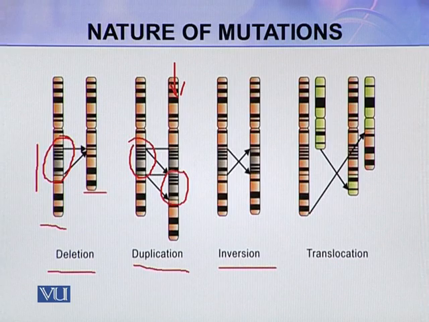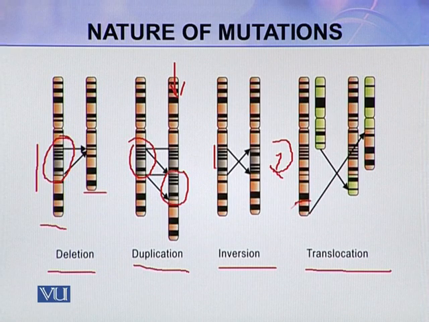Similarly, in case of inversion, this sequence has been inverted here. So the sequence is inverted in the opposite direction. Such mutations are called inversions. Similarly, these are translocations. In case of translocations, a piece of chromosome may be deleted and it may attach to another chromosome.